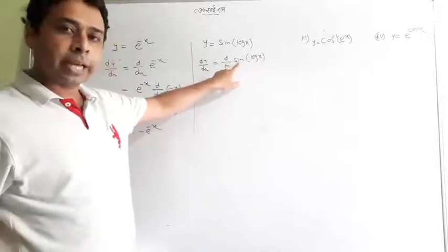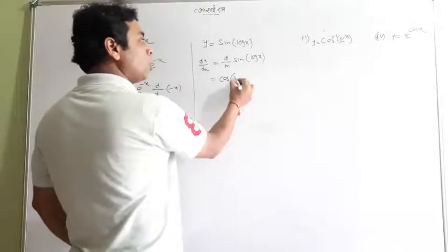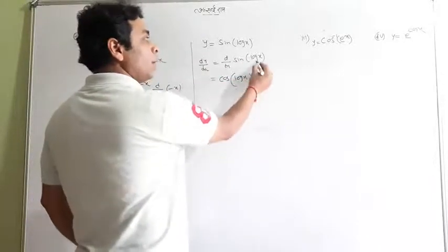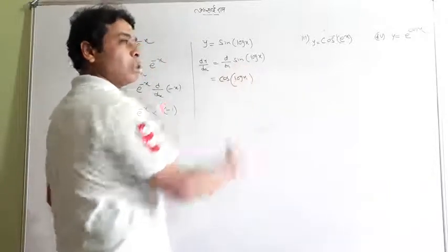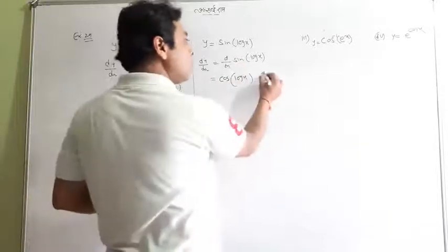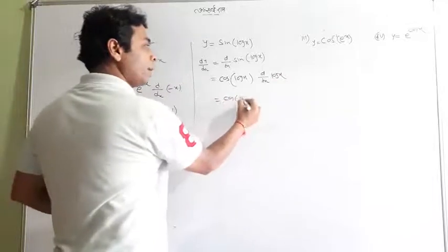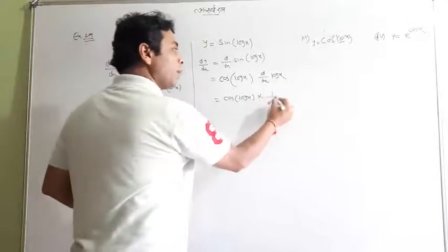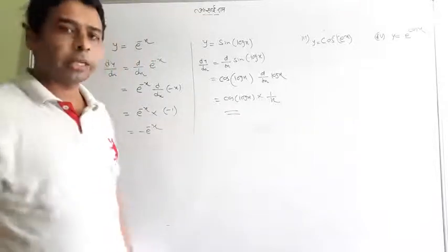First is sine, so the differentiation of sine is cos of log x, and the angle stays log x. Then again the differentiation of log x, which is 1 by x. So the answer is cos of log x times 1 by x. That's the answer. So try to practice this kind of question.